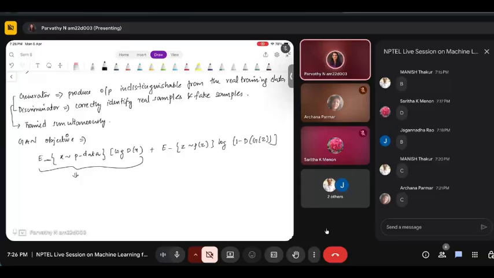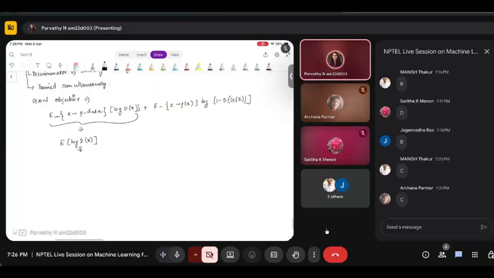so the first term is the expected log probability that the discriminator correctly classifies real data as real.